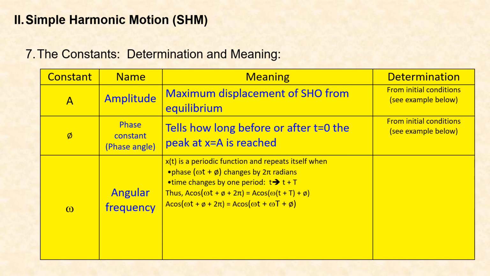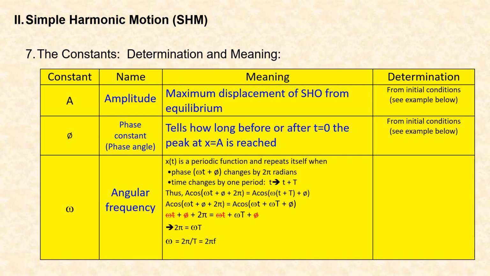If we simplify them and cancel out our common terms, we find the relationship that omega t is equal to 2 pi, or writing it a little differently, omega is equal to 2 pi over the period. So we see this relationship between this constant, the angular frequency, and the period T. This is the same relationship you saw when you studied uniform circular motion in mechanics.